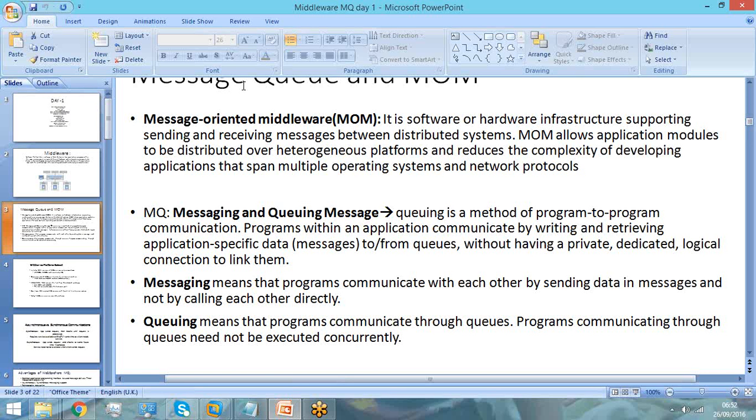In that case, the request message would be sent to one queue. And suppose your service provider is replying back, saying this is your balance in your account. That is another response to your request message.